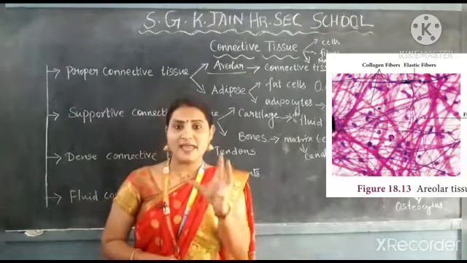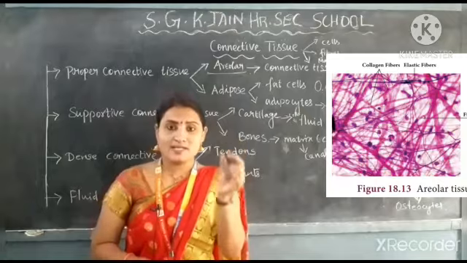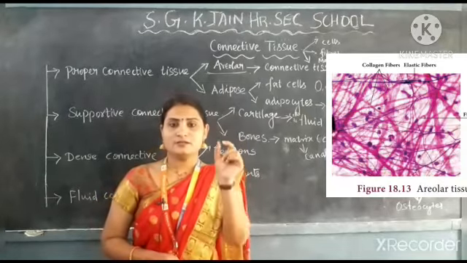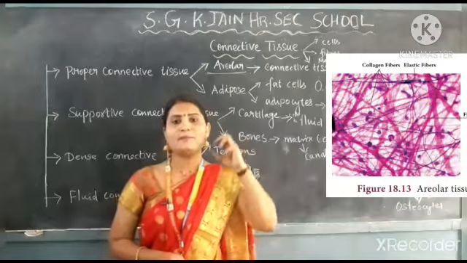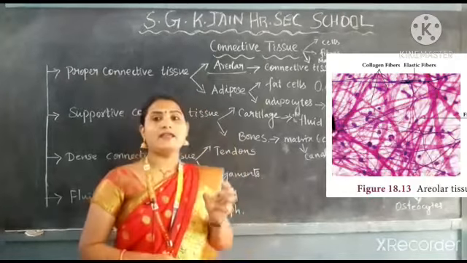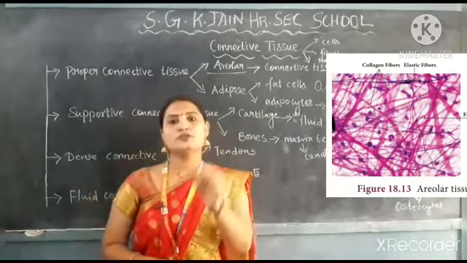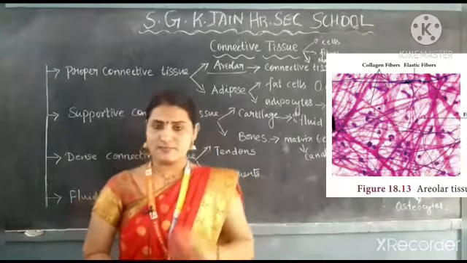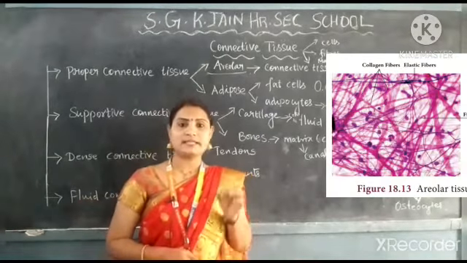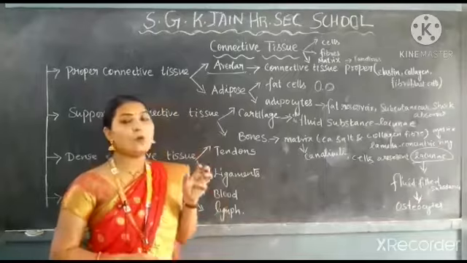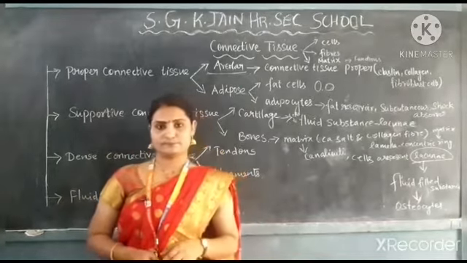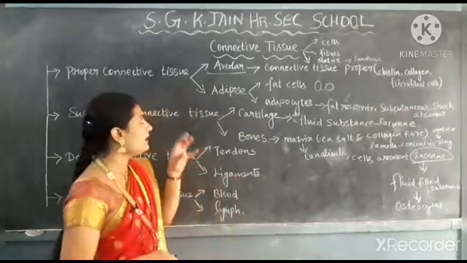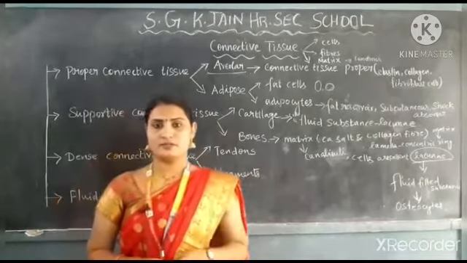If we have any injury, that injured skin is made up of tissue, and that tissue is repaired by this connective tissue, which fixes the skin to the underlying muscles. You can find this type of areolar tissue around the blood vessels and nerves. So this is about areolar connective tissues.